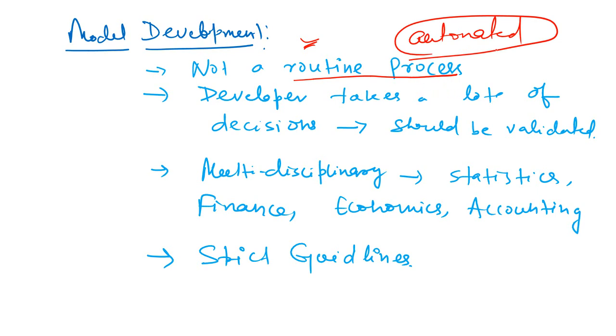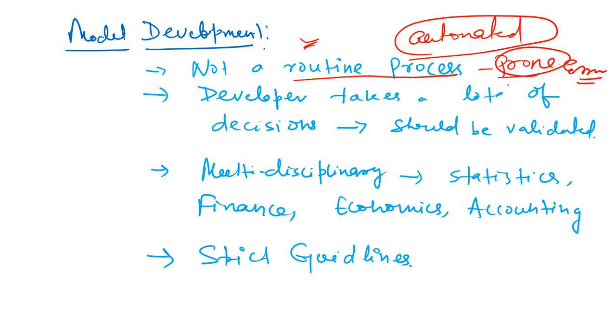Hence, it is prone to error, because whenever there is a judgment or a decision taken by a model developer, there is always a chance that he might have made a mistake during the model building process.